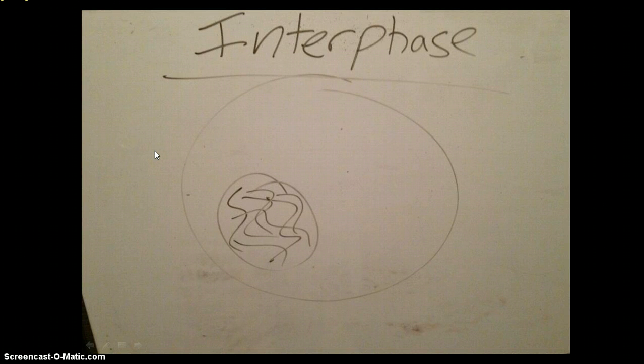And so in interphase, this is what I explained before. This is the G1, S and G2 phase. So basically, the DNA hasn't been formed into sister chromatids yet, and that's why it's all jumbled up. There's still the nuclear envelope, and everything is just normal.